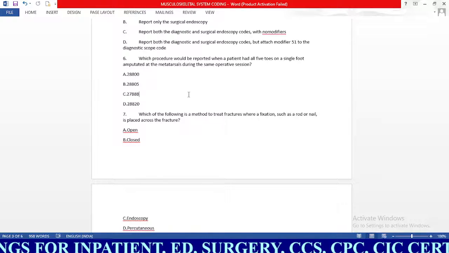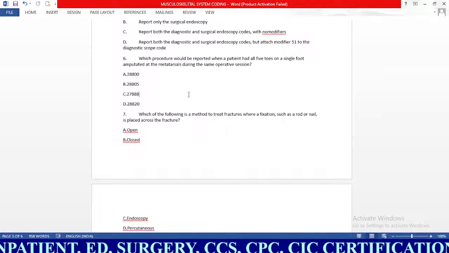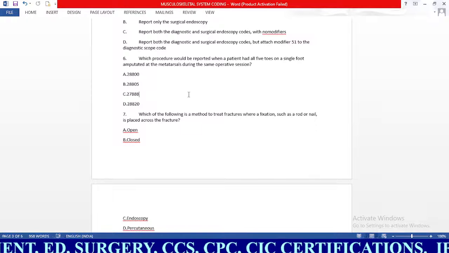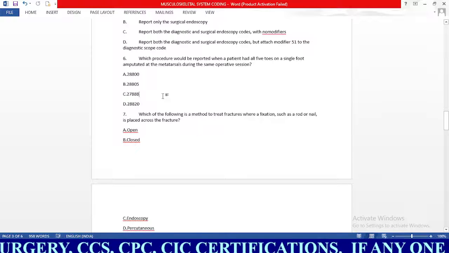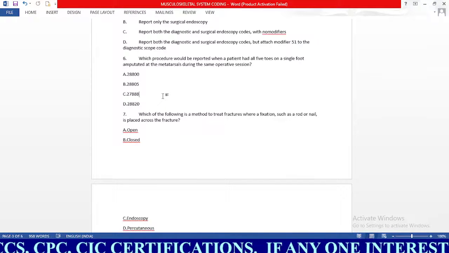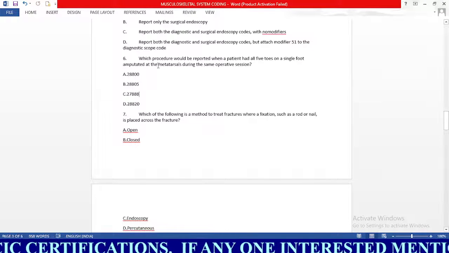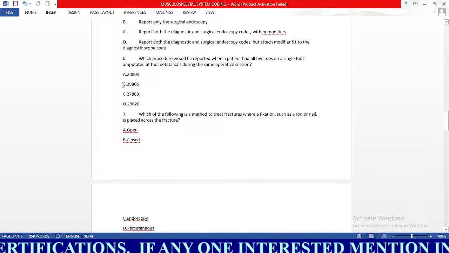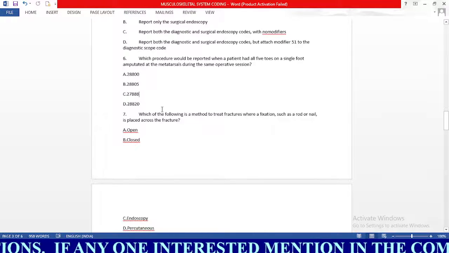We will check 28800. 28800 is for amputation foot, mid-tarsal. But based on our documentation, it is metatarsal. If you check 28805, it is amputation foot, transmetatarsal. The physician has mentioned the metatarsal, so our answer is B, 28805. What is 28820?